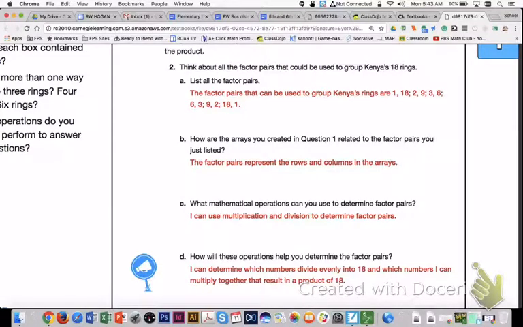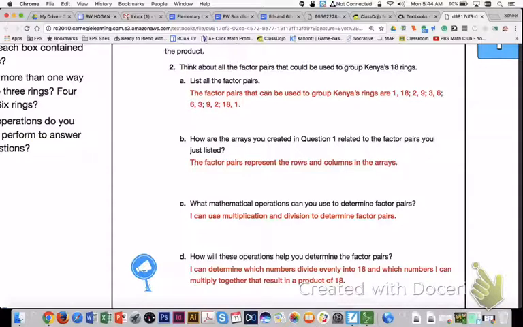For number 2, letter A, the factor pairs that can be used to group Kenya's rings are 1 and 18, 2 and 9, 3 and 6, 6 and 3, 9 and 2, and 18 and 1. For letter B, the factor pairs represent the rows and columns that are in the arrays that we created back in question 1.